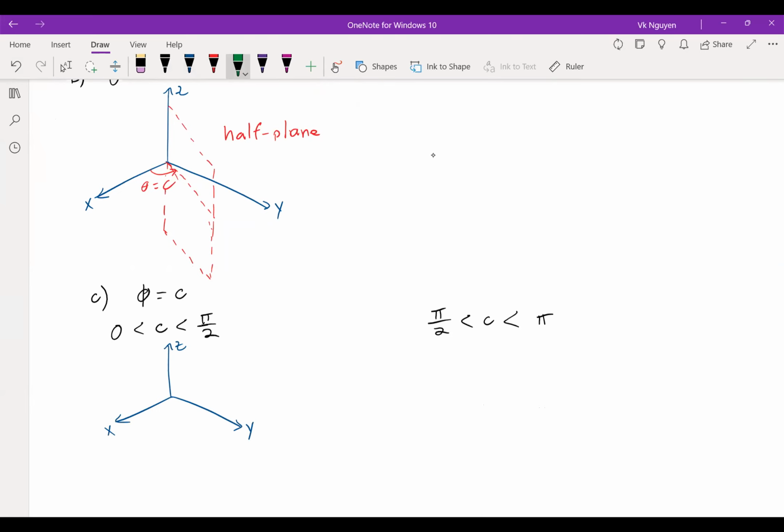So you have an angle C right here, and this one is also going to be C. So if you see this in all directions, then what you have is just a cone, right?